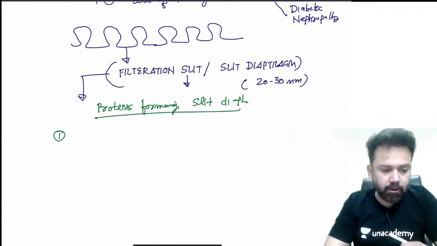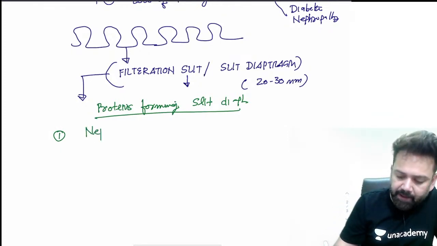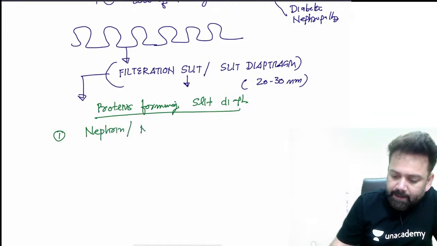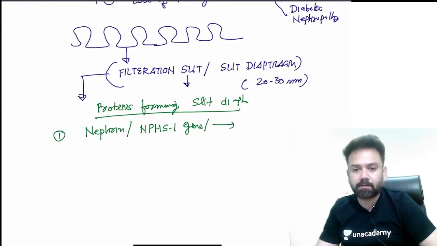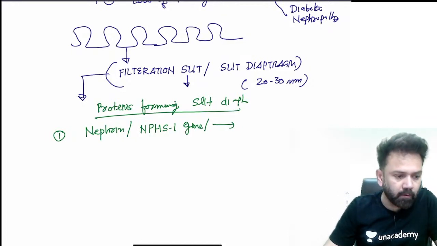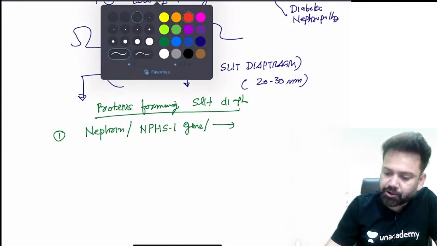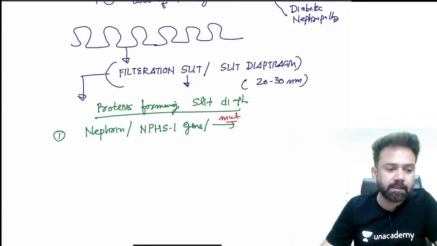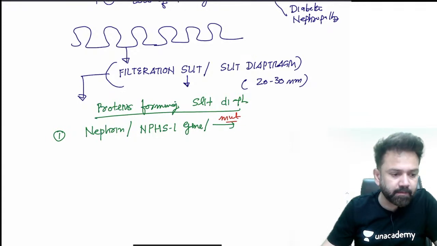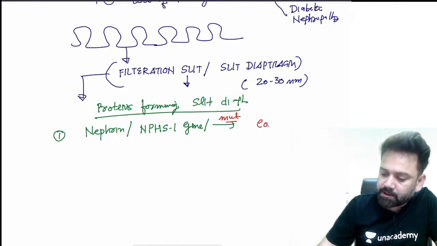Very good. And for that, the NPHS1 gene is involved. If there is mutation of the NPHS1 gene, what will it cause? It will cause a disease. Yes, congenital nephrotic syndrome.